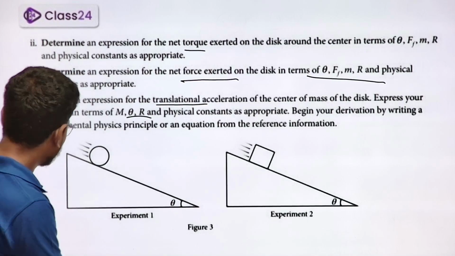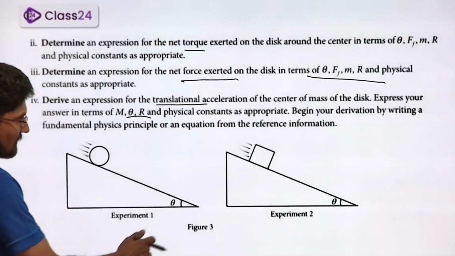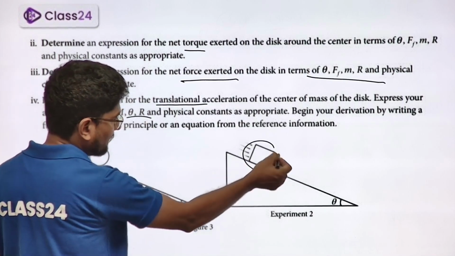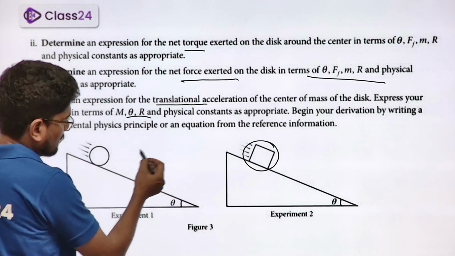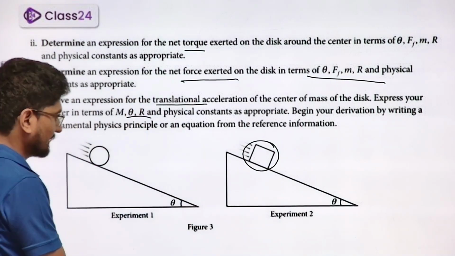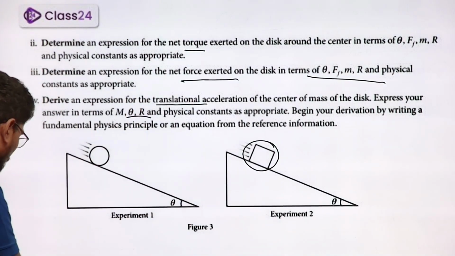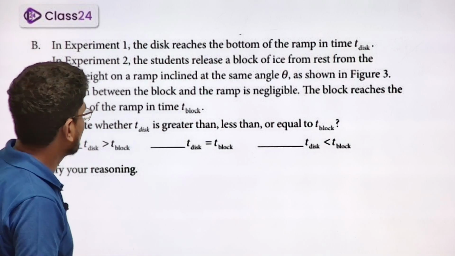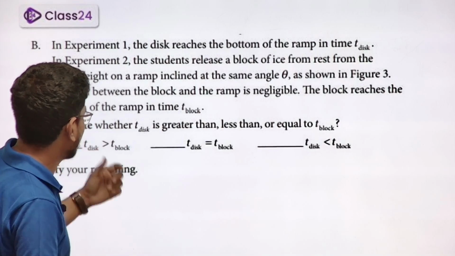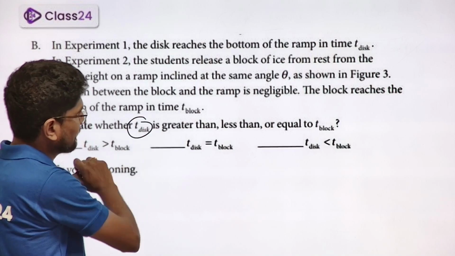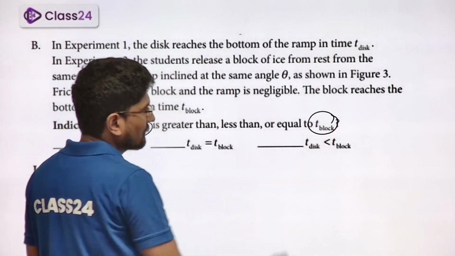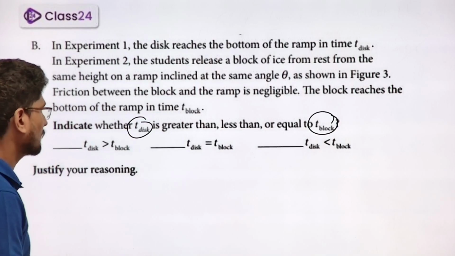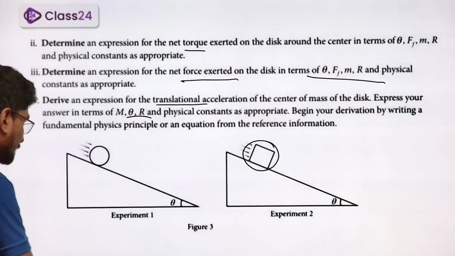Now the question is about an ice block of the same mass moving on a frictionless surface, and the disk rolling without slipping on a rough surface. They want the reason about the time of the disk and the time of the block when they reach the ground. Which one is greater, equal, or less? It is a very simple question.